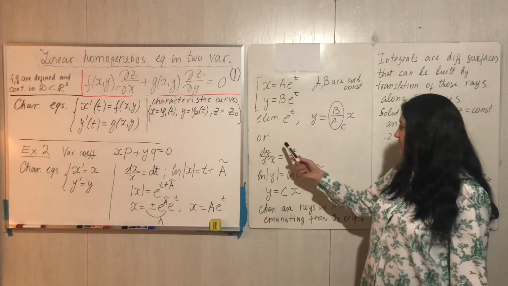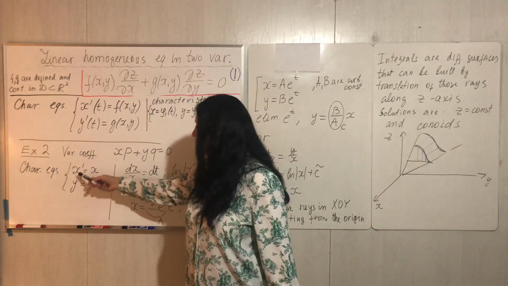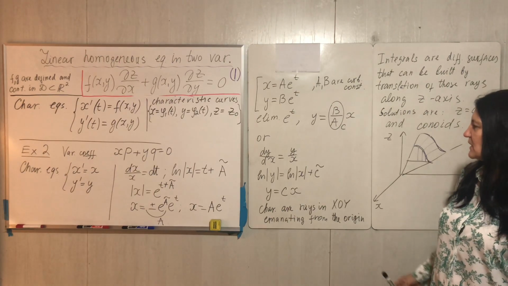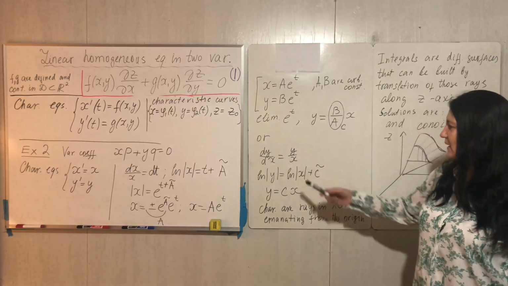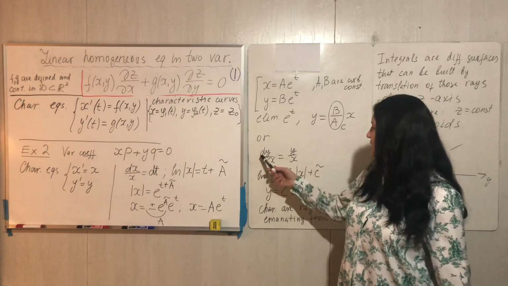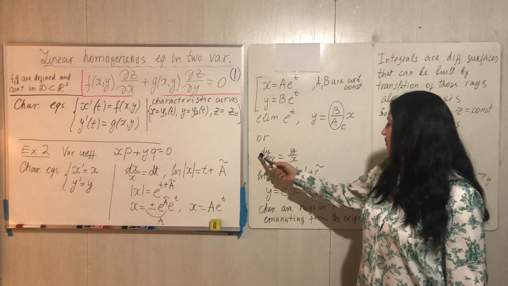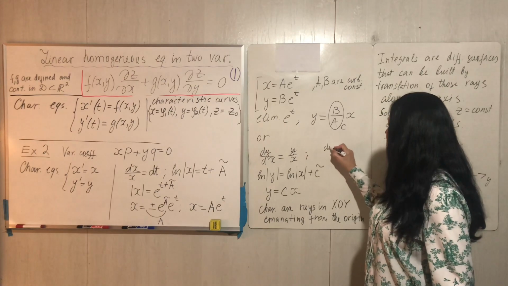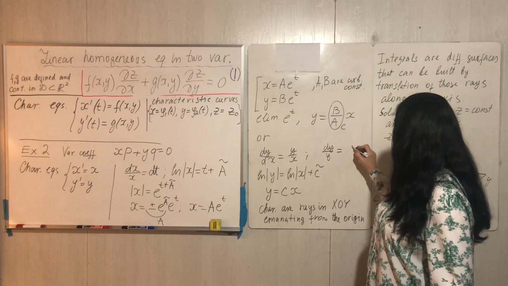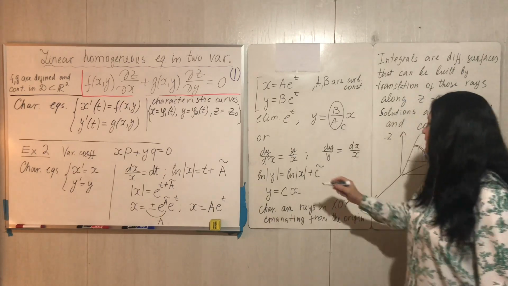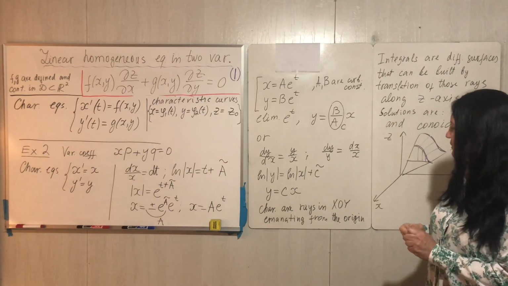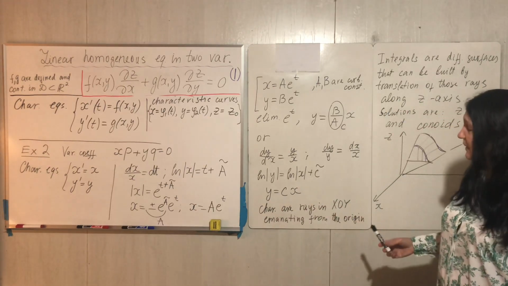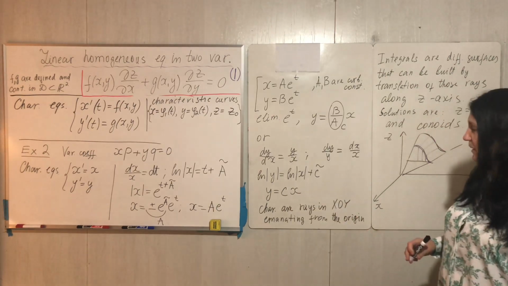Or alternatively, like in the previous example, we can divide one equation by another to eliminate t from the start, and then we have dy dx equals y over x, and similarly we integrate. We rewrite it as dy over y equals dx over x, then integrate both parts, and we will get, of course, the same answer: y equals cx, and c is an arbitrary constant.